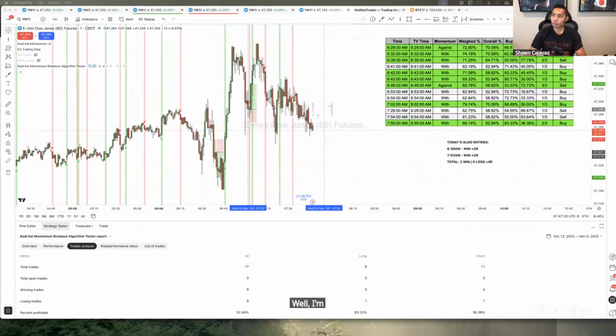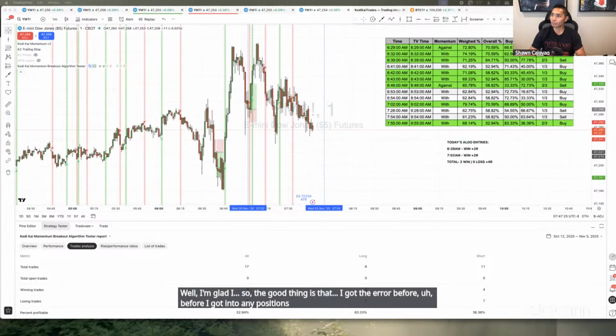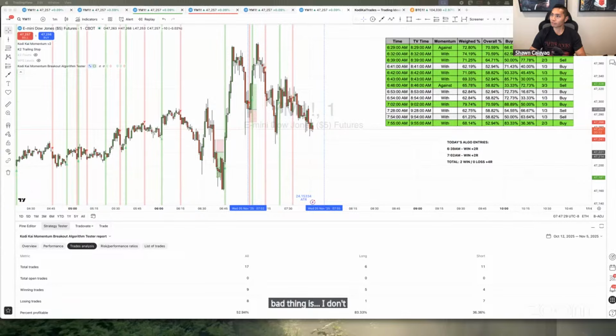Well, the good thing is that I got the error before I got into any positions. Bad thing is I don't know what the hell's going on with this here. I'm actually looking at my previous chart settings and default settings.